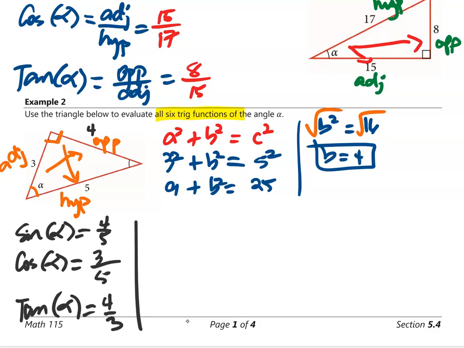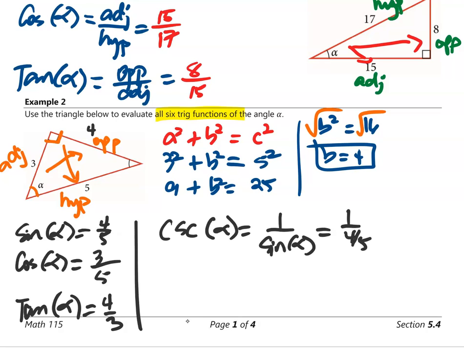And the other 3 trig functions, we have cosecant. Cosecant is, remember, 1 over sine, and sine is 4 over 5, so this is equal to 5/4. And then secant alpha, we know that this is 1 over cosine alpha.